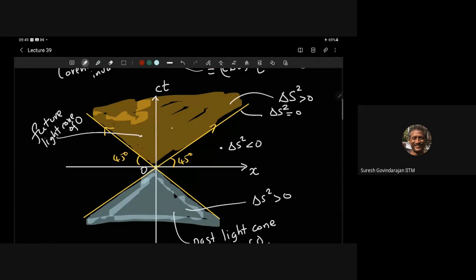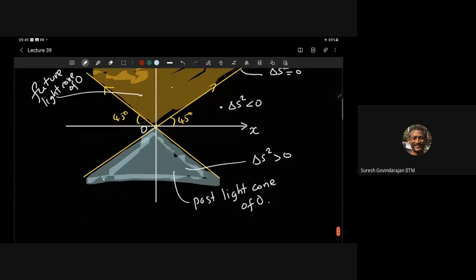That's one point. And you can ask, what are all the points which could have affected O? If you take a point here, to come from here to O, you need not go at the speed of light. You can go slower than the speed of light. But if you have to go from here to here, you have to go at a speed faster than light. So these regions are not accessible to the event O, so they will not be affected by those things.